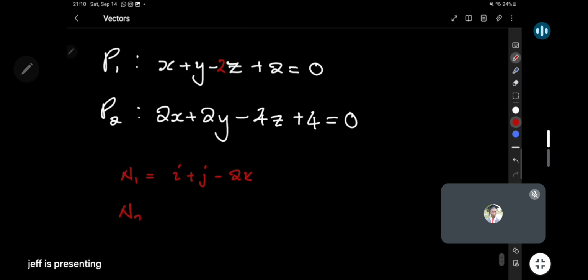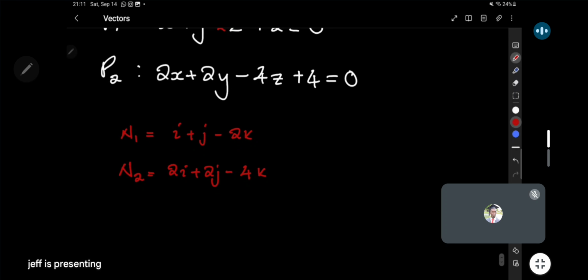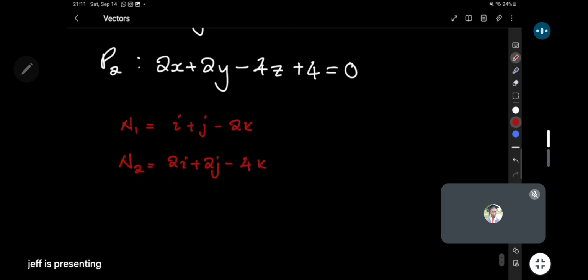For plane 2, you'd have had 2i, 2j, and 4k. Now, in this case, you should have noticed that the two normals, even though they might not be identical straight out, are kind of related.